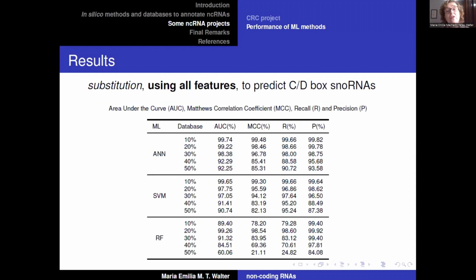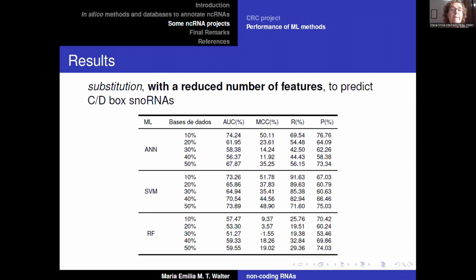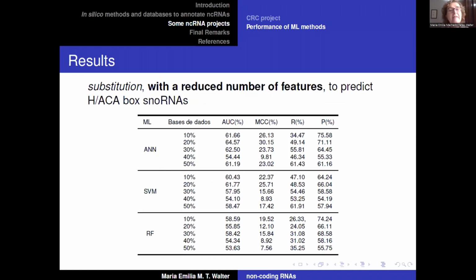These results showed that these machine learning methods are very competitive and produce good results. We made some experiments.